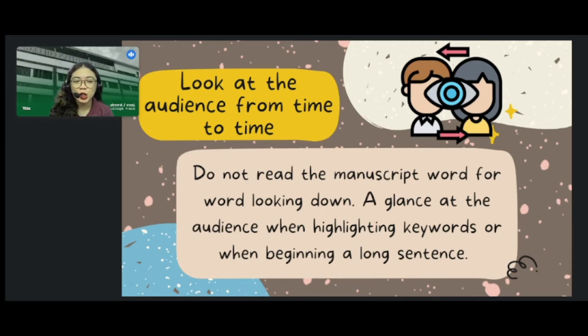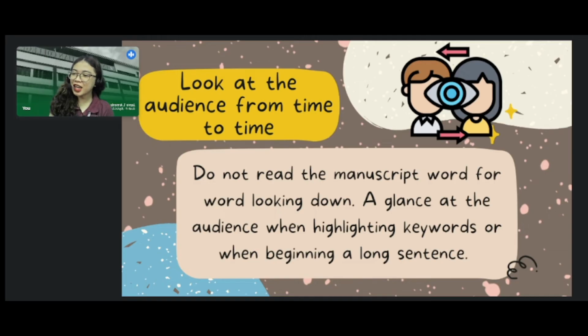Okay, so in looking at your audience, you can apply this while you are emphasizing something. Okay, so I will give you some example. Okay, so nagbabasa ako: One area in which journalist and public relations professional standard may vary is the accuracy of information disseminated.